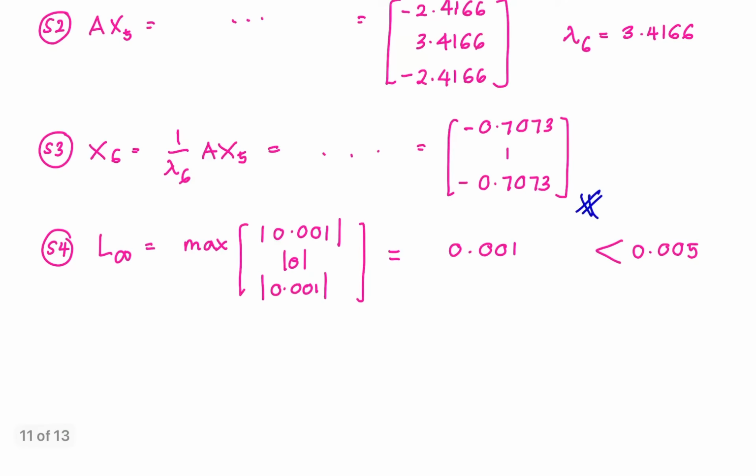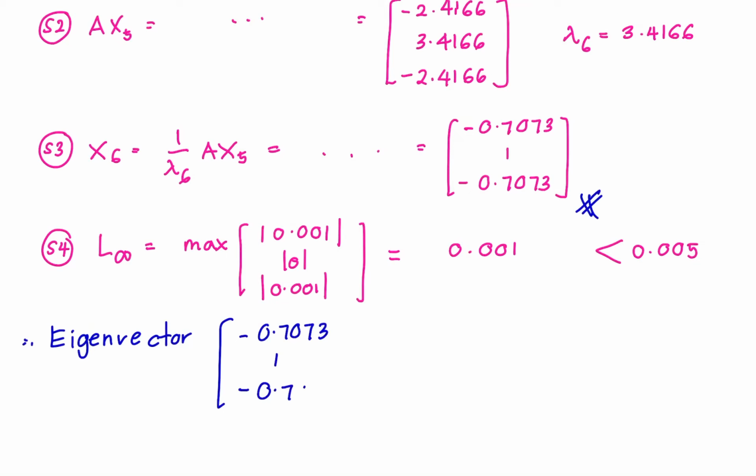So therefore, our eigenvector is minus 0.7073, 1, minus 0.7073.